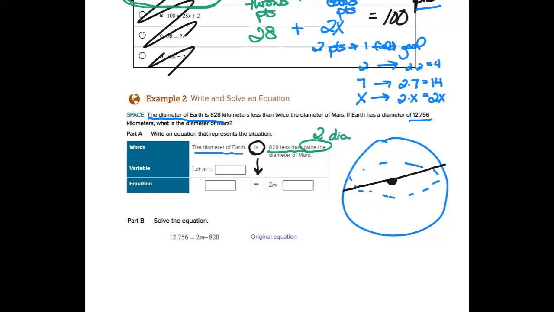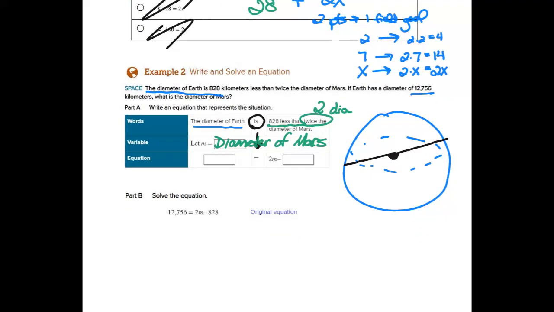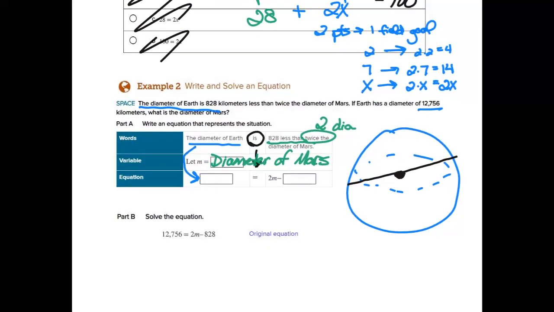Well, we're going to let M be the diameter of Mars. That makes sense. Mars starts with the M. So if I were to write this, the diameter of the Earth, and we know that amount. What is that amount again? What's the actual kilometers of that diameter?